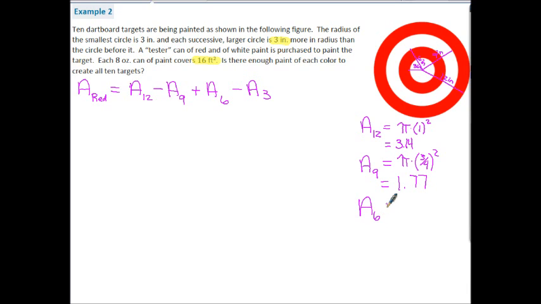Area of the 6-inch circle. Now 6 inches is half of a foot, so this would be 1/2 squared, and that comes out to be 0.79. And then finally, area of the 3-inch circle. Now 3 inches out of 12 reduces to 1/4, so this would be pi times 1/4 squared. And that works out to be 0.2.